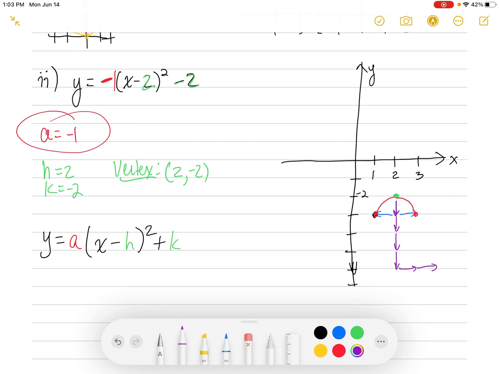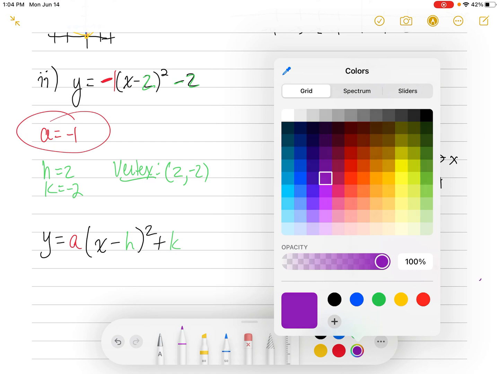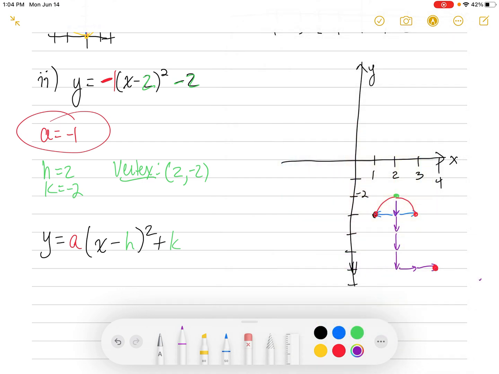I'm going to go 1, 2, 3, 4 down, and then right 2, and I'll plot a point there. And then I'll do the same, down 4, and then I'll go left 2, and I'll plot a point there. So when I connect those, I get this kind of upside down U shape.